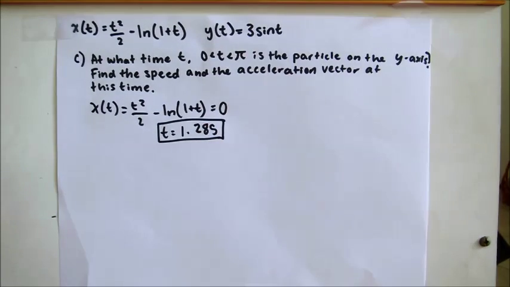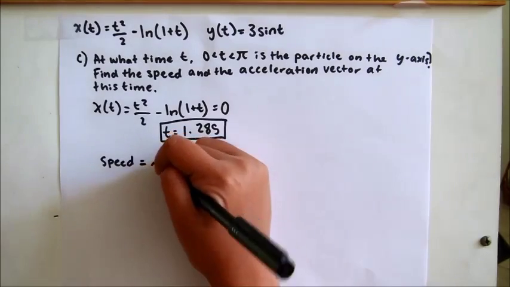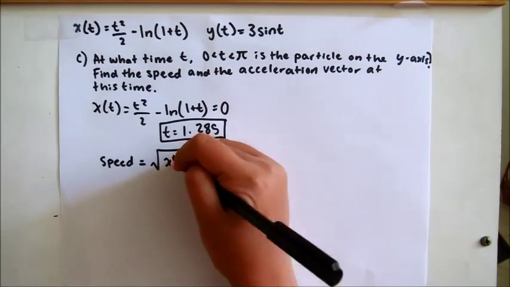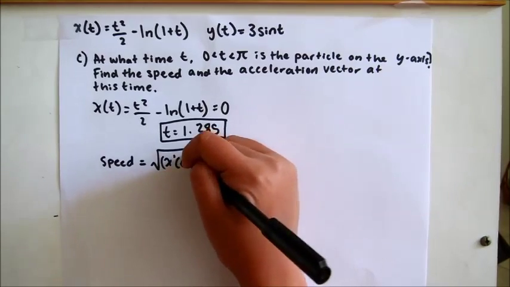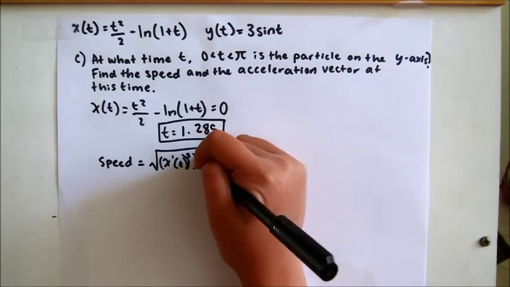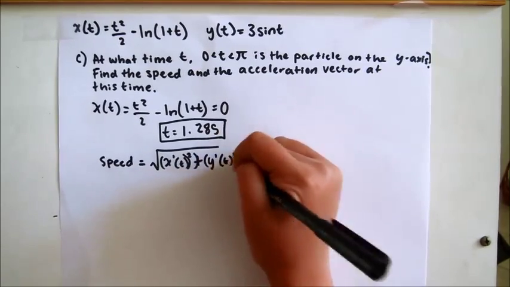To find the speed and acceleration vector at this time, we need to remember what speed and acceleration are. You should know that speed is equivalent to the square root of x prime of t squared plus y prime of t squared.